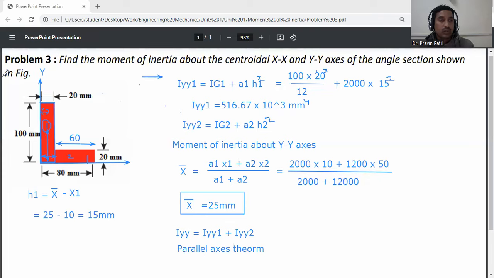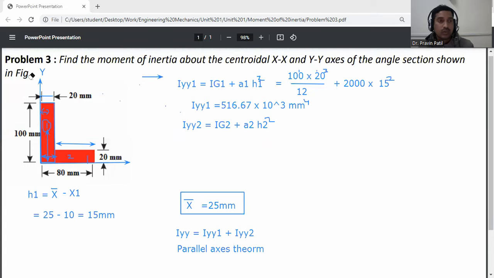Ig2 is db cube by 12, where D is 20 and B is 60.